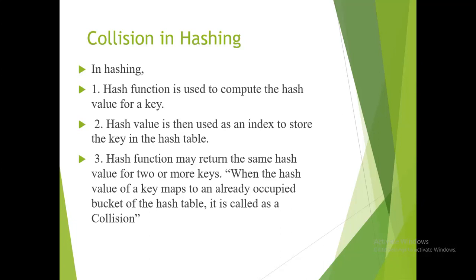Next, the hash function may return the same hash value for two or more keys, when the hash value of a key maps to an already occupied bucket of the hash table. It is called a hash collision.